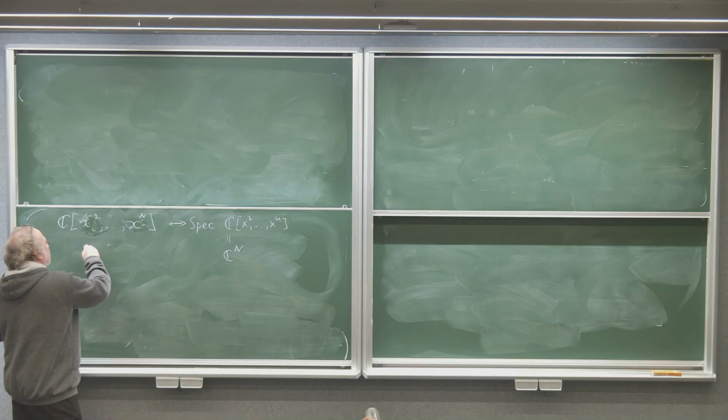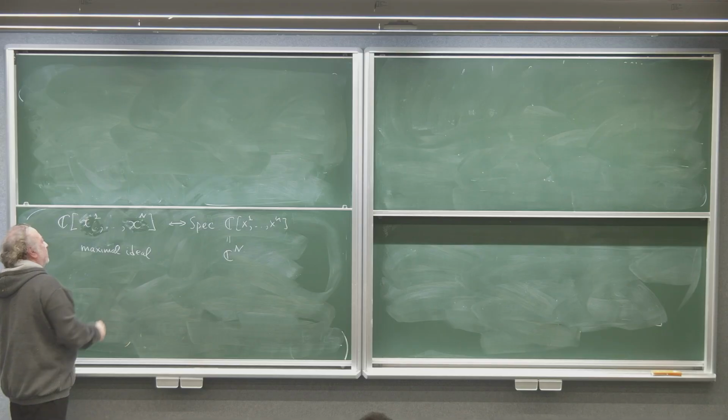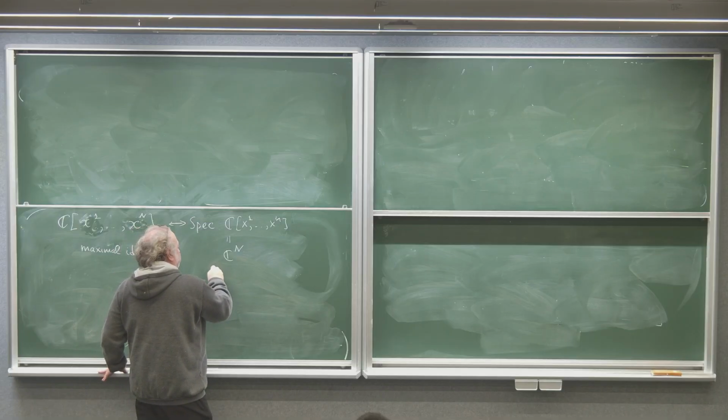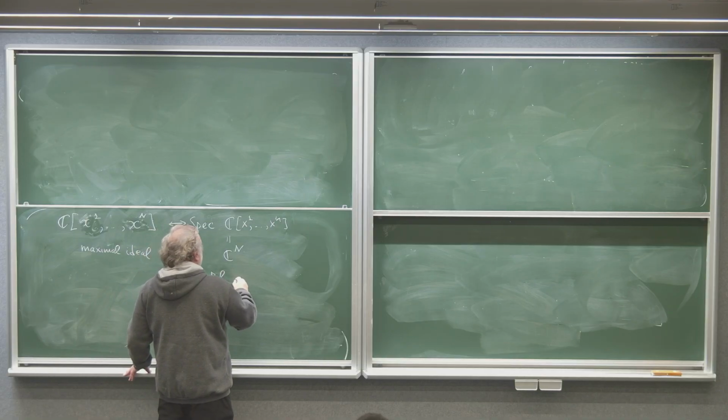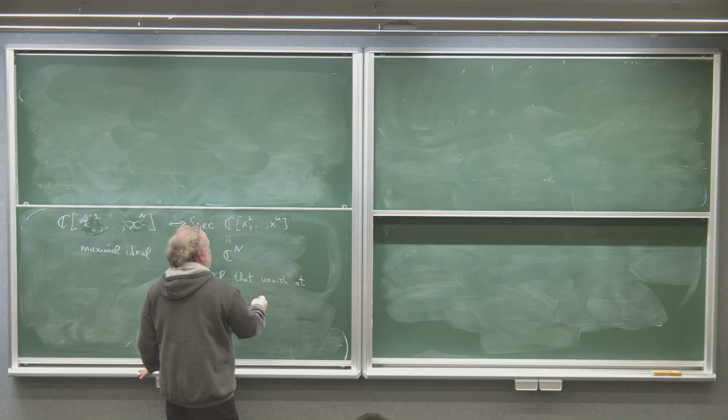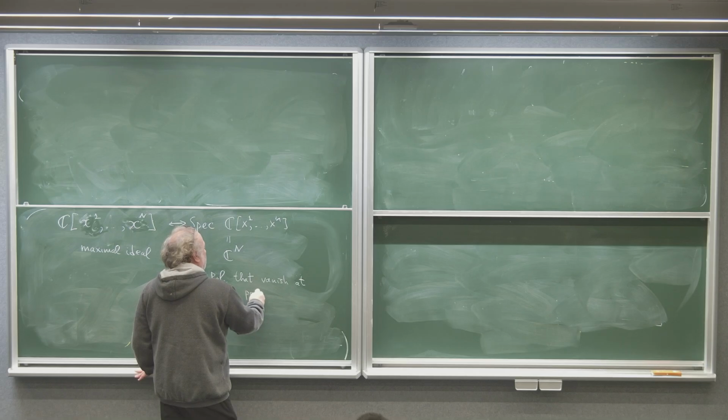So what is the maximal ideal? It's a space of polynomials that vanish at a point.